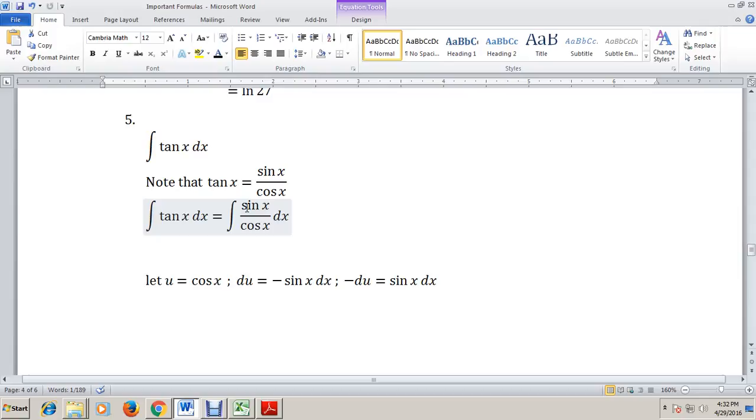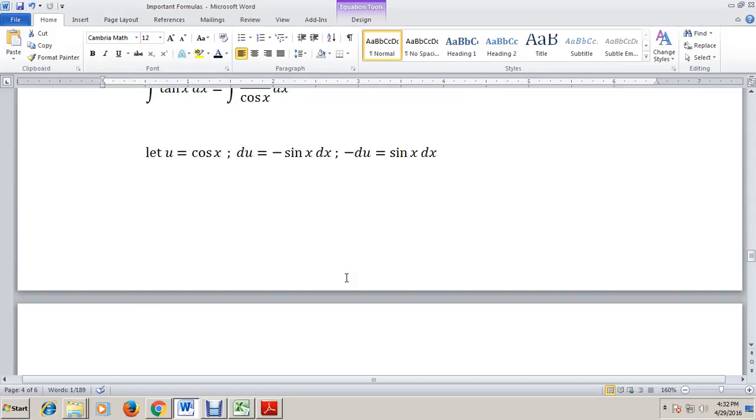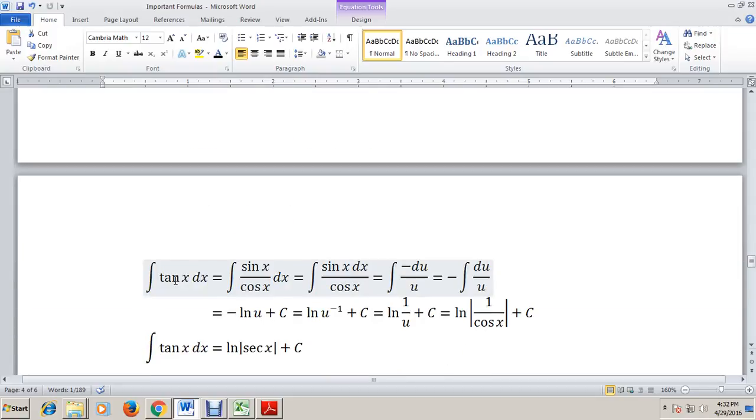Therefore, we can replace sine x dx in our numerator here as equal to negative du. Thus, our original representation for the tangent x, which is sine x over cosine x, can be written as negative du over u, or negative integral of du over u, and of course, the integral of du over u is ln u. Or since that is negative, that would be negative ln u plus c.